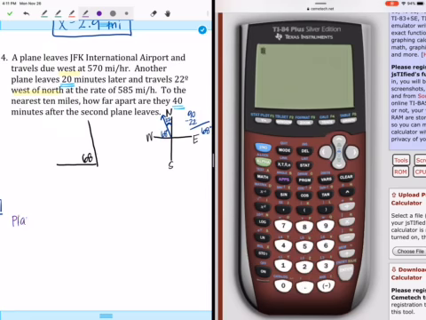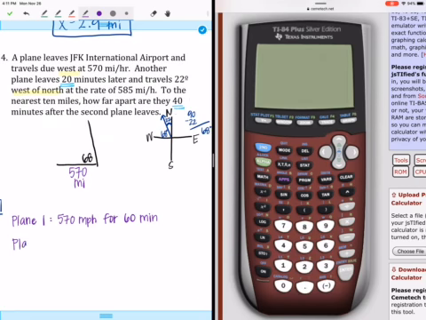So plane 1 travels 570 miles per hour for 60 minutes, which would be 1 full hour, because it got a 20-minute head start and we're counting 40 minutes after. So 20 plus 40 would be 60 minutes, which is 1 full hour. So that means it has gone 570 miles.